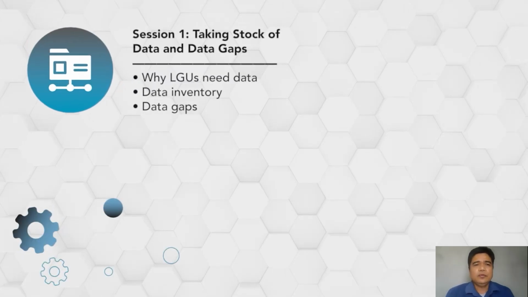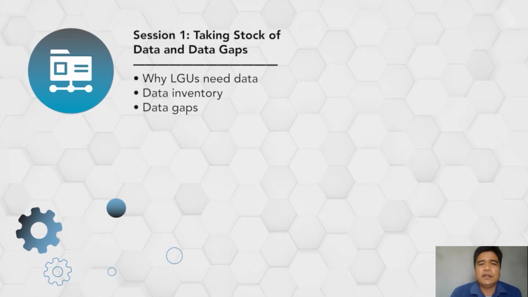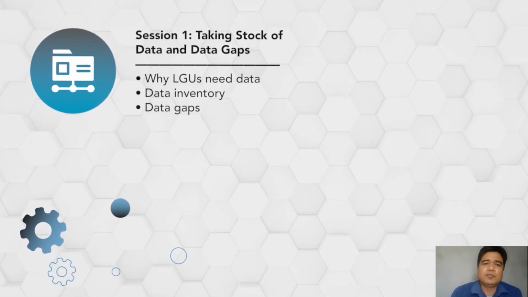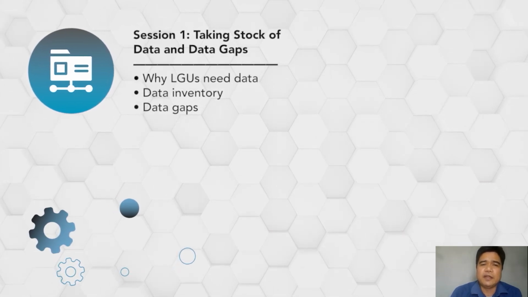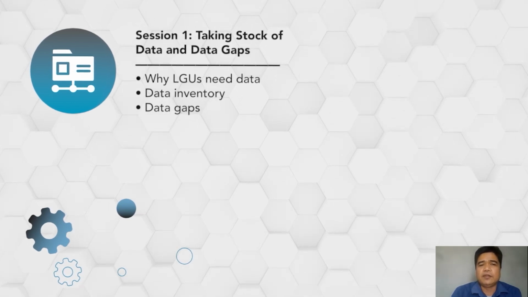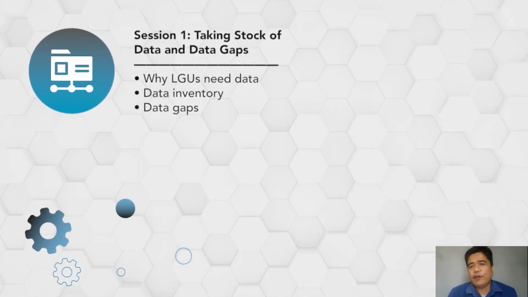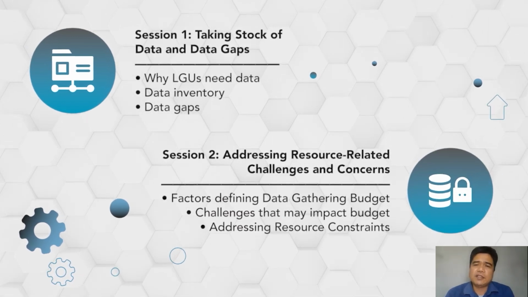So in review, in our session one, we took stock of the data available and the data gaps, and we discussed why LGUs need data. We had a short review of that, and then the data inventory and the data gaps. For this session, we address resource-related challenges and concerns.